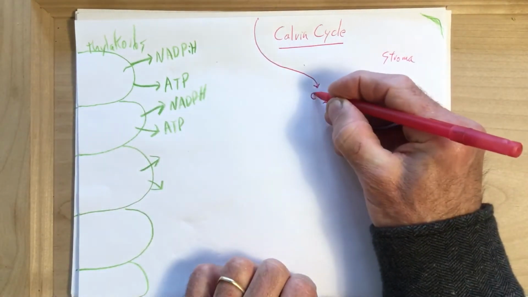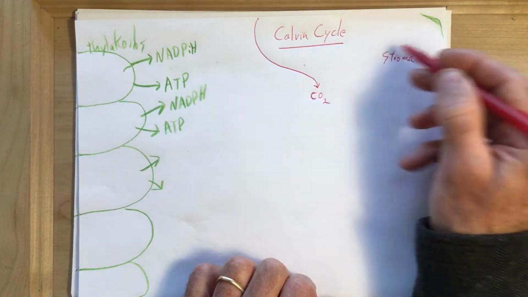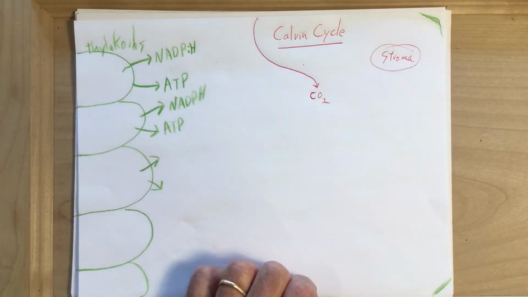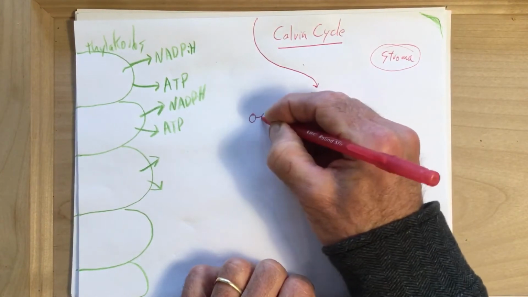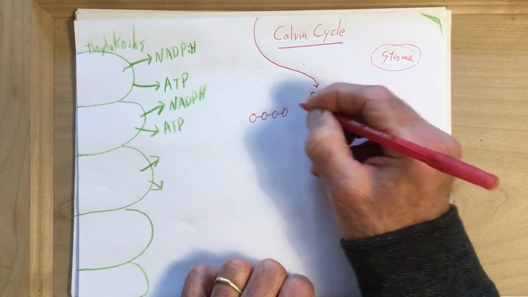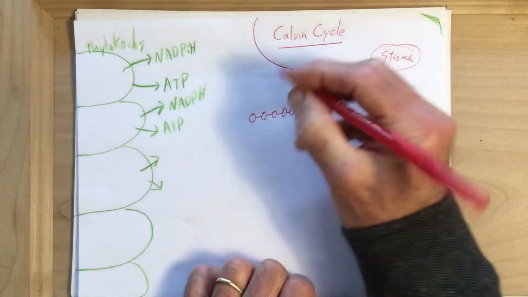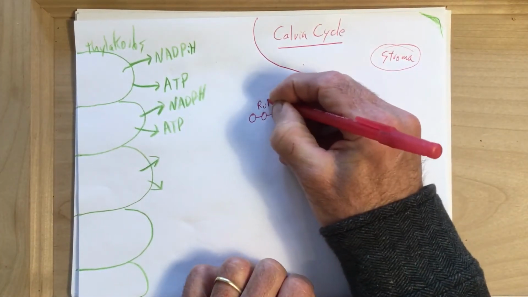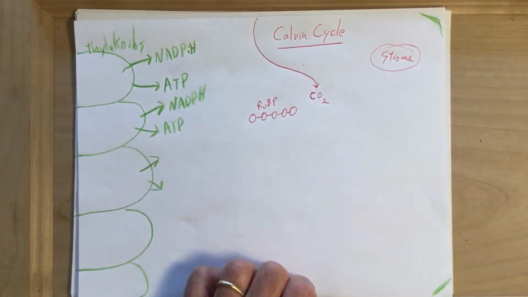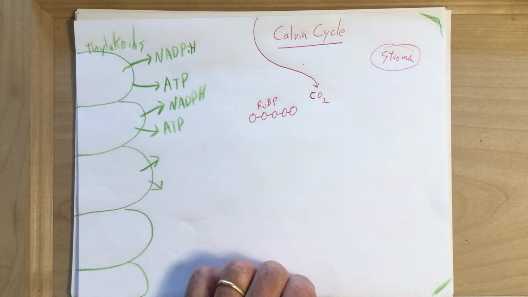So the CO2 is already in the stroma fluid, okay? That CO2 is going to get picked up by a very specific high energy sugar, not so stable sugar, called RUBP. RUBP is short for ribulose bisphosphate.